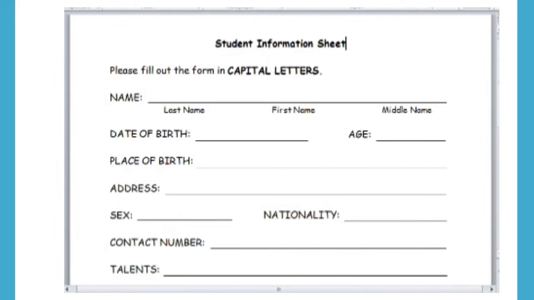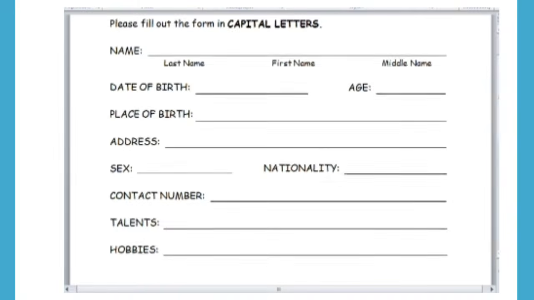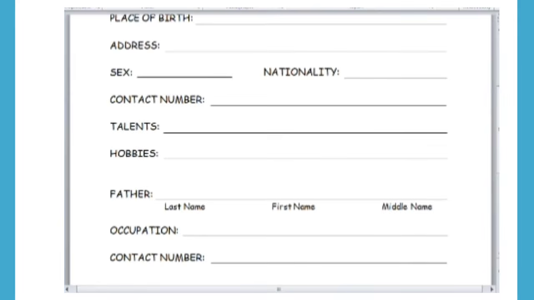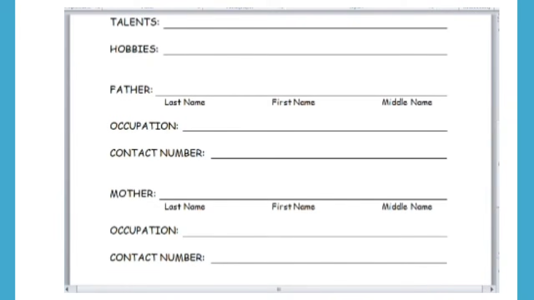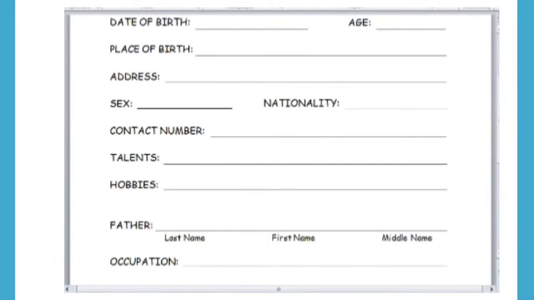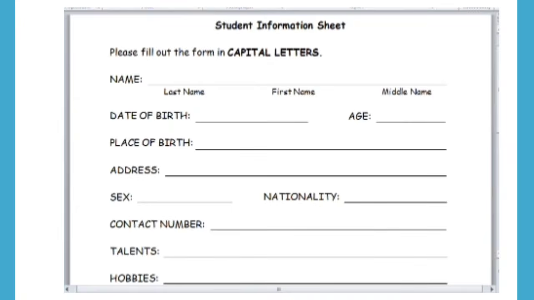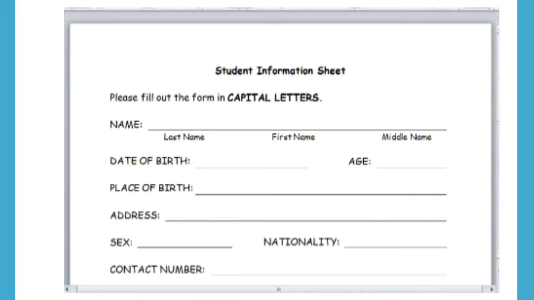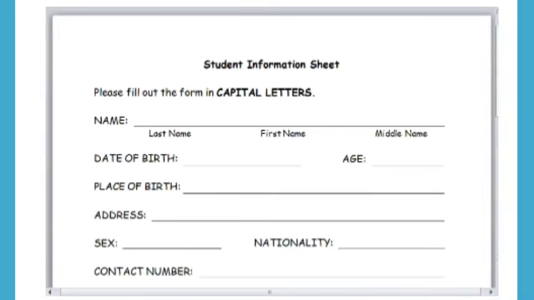As you can see, it asks you about yourself or your personal information. But before filling this out, we have to read the instructions. This form says, please fill out the form in capital letters. Okay, we can now start filling out the form.